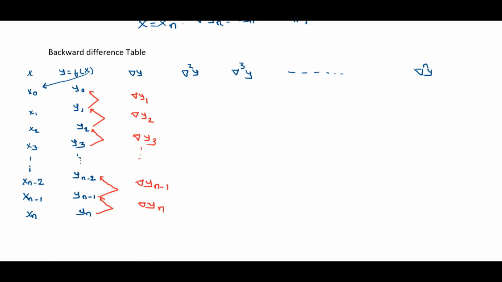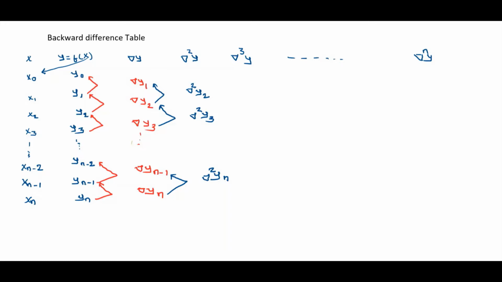Now, by using second backward differences, del y2 minus del y1 is equal to del square y2. Del y3 minus del y2 is equal to del square y3, means next term minus its previous term. Similarly, del yn minus del yn minus 1 gives del square yn.